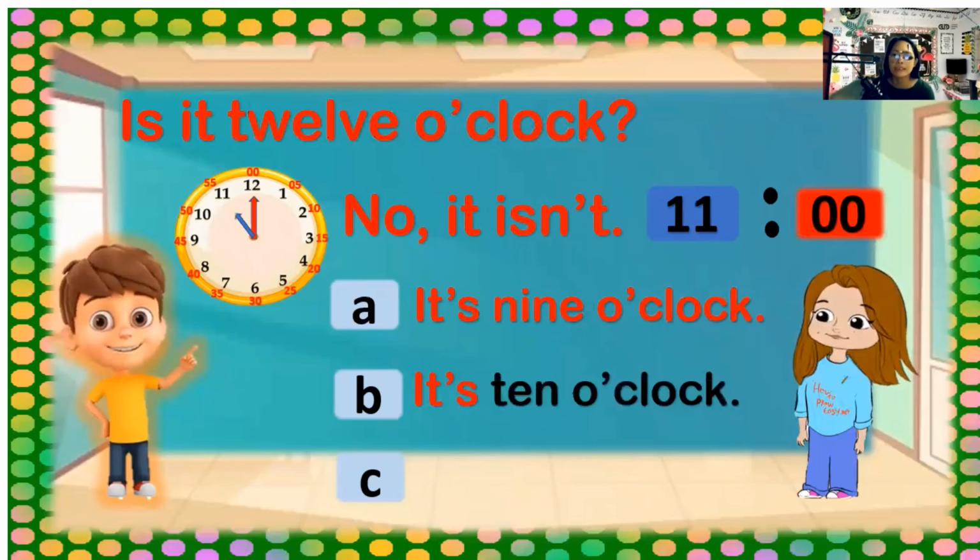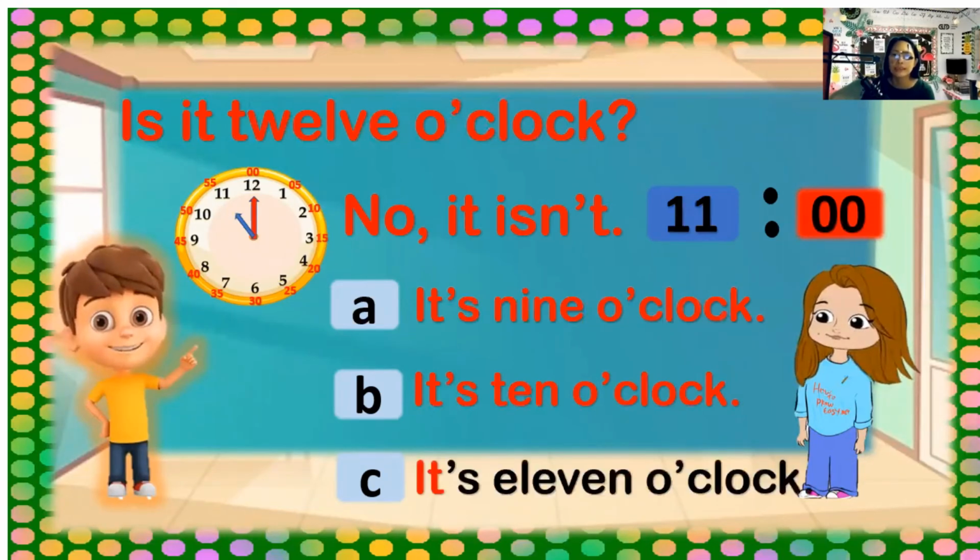B, it's 10 o'clock. Or C, it's 11 o'clock. May I know what's your answer for this? A, B, or C? Good job. It's 11 o'clock. The monkey's happy.